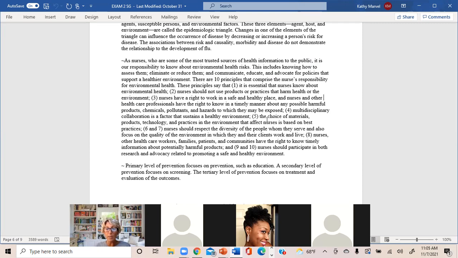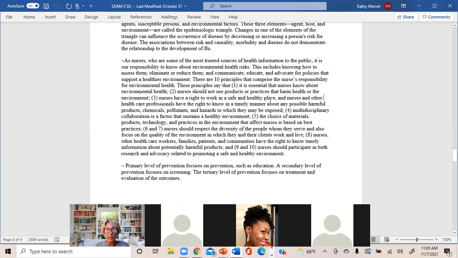We have the right to work in a safe and healthy place, right? We have a right to know in a timely manner about possible harmful products, chemicals, pollutants, hazards, which we may be exposed to. And here's where we tied in occupational health, right?